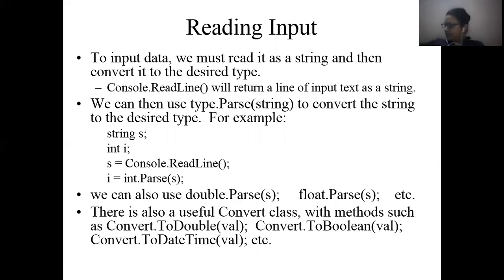For example, string s = Console.ReadLine(), and int i = int.Parse(s). Using this, we can read our line which is entered in the console. Here we specify the integer defined from the s variable. We can also use double.Parse, float.Parse, etc.